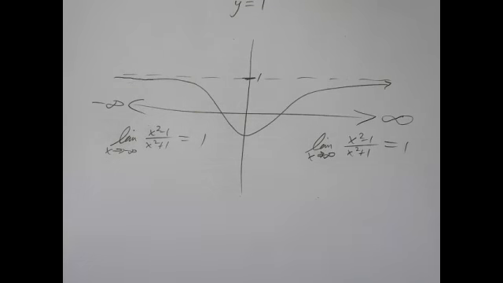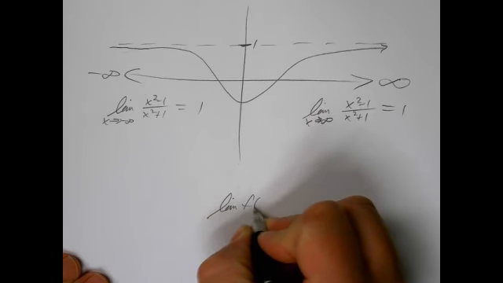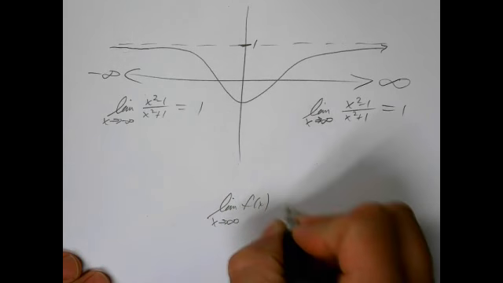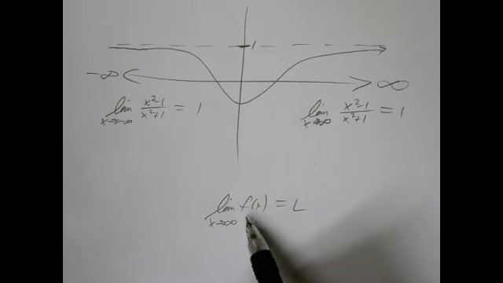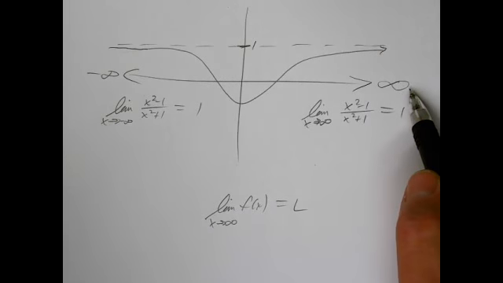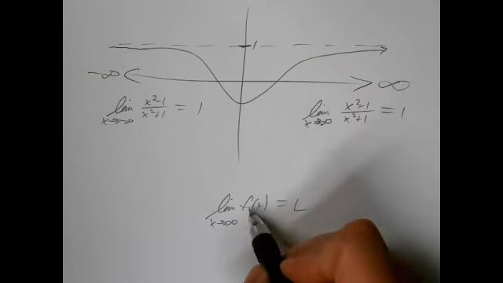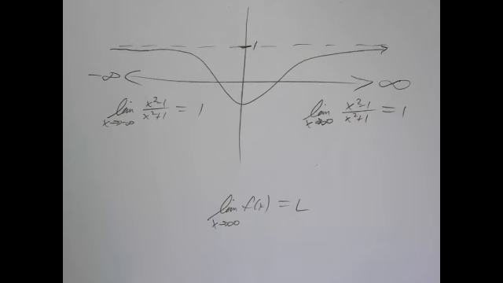In general terms, when we say that the limit of a function f of x as x approaches infinity is equal to L, what that is basically saying is that as the function travels off in this right-hand direction, there is a horizontal line that this function is traveling towards, that it's being pulled into. And once it gets pulled in close, it will never leave.